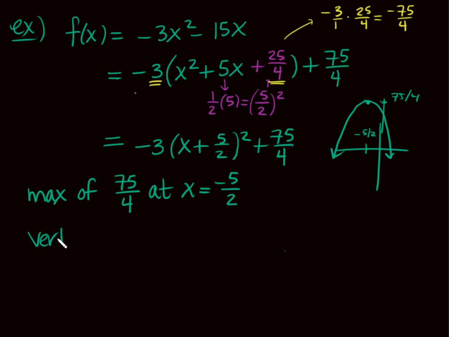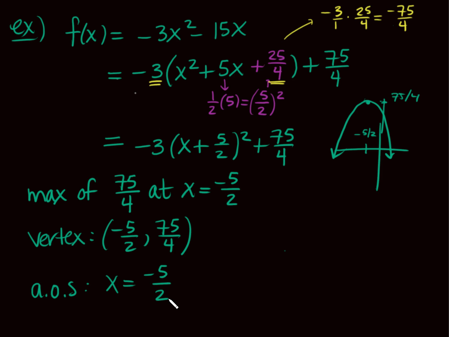My vertex, right, is that -5 halves, 75/4. And then the axis of symmetry is x equals -5/2. Okay. I hope that kind of makes sense.